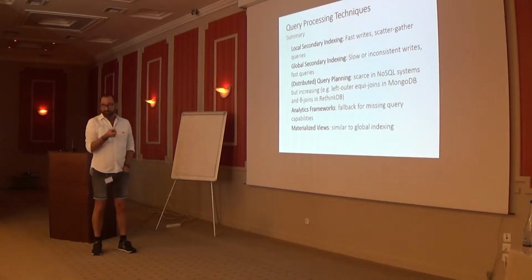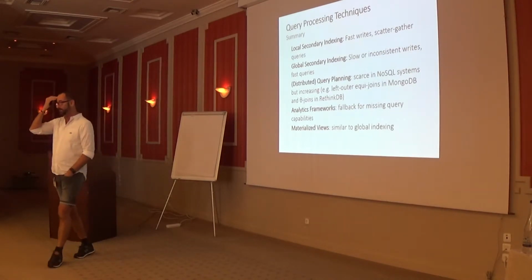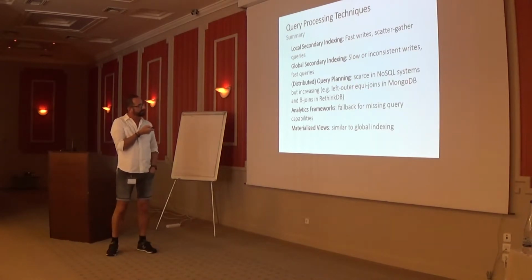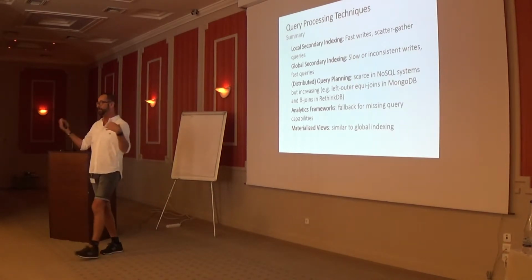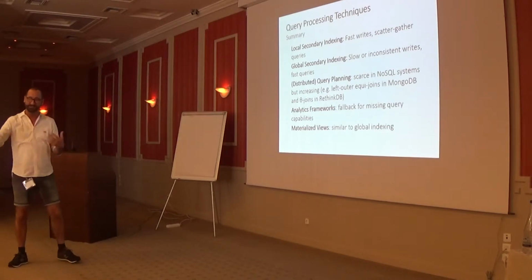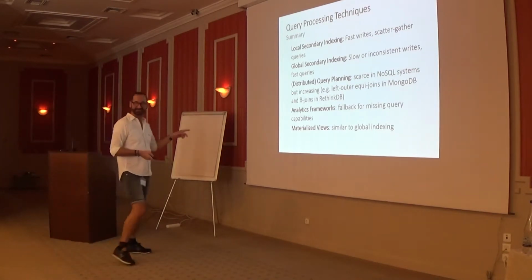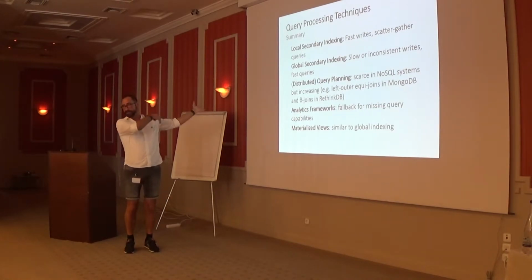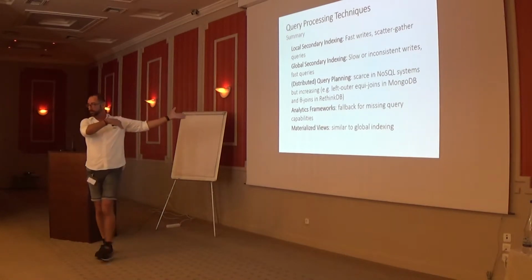Distributed query blending, and we discussed that a little bit this morning, is very scarce nowadays in NoSQL systems. The best here is MongoDB, and they work on that. So it's getting better. So possibly you can do something for them. So analytics frameworks can be used as a fallback for missing query capabilities. We have this in our decision structure.